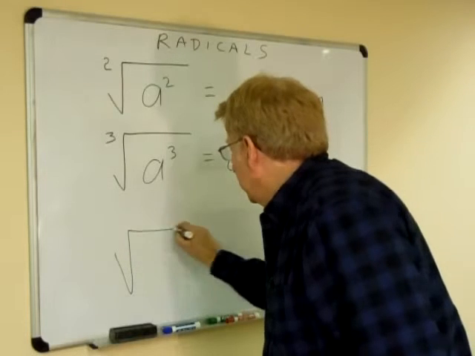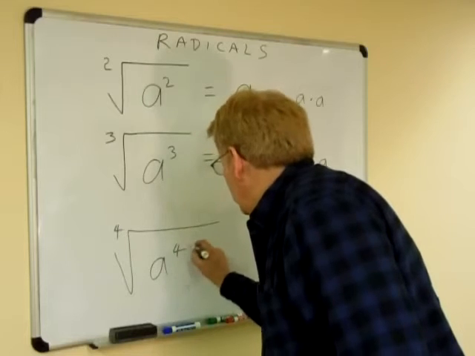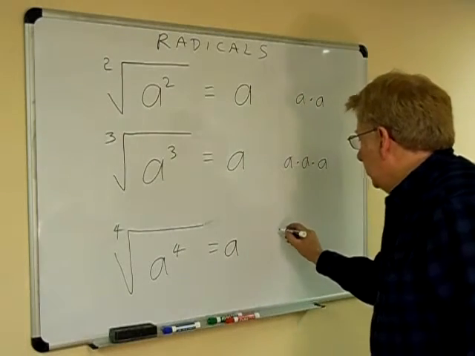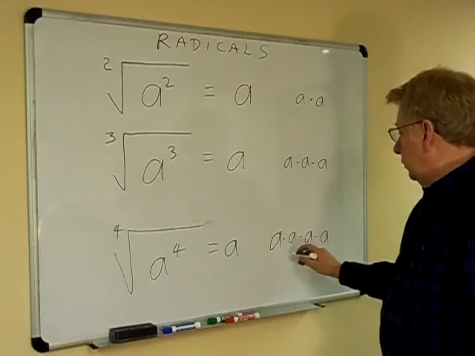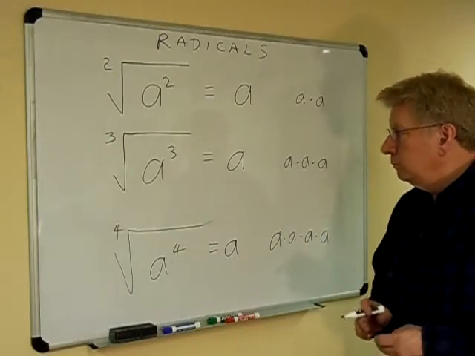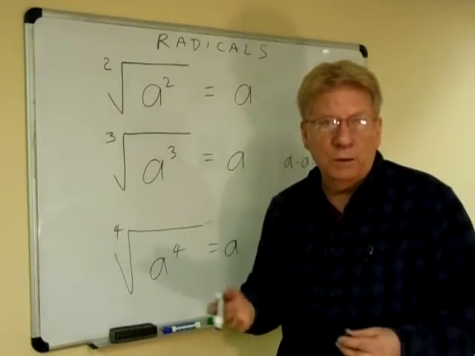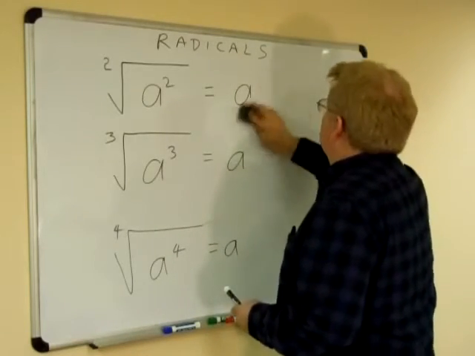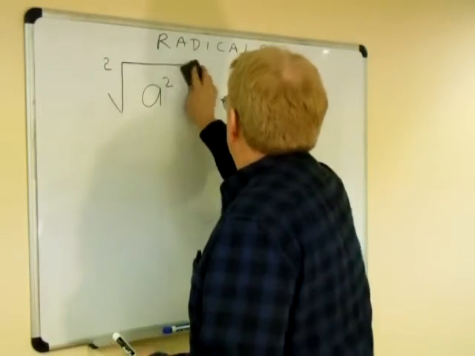So if we had the fourth root of a to the fourth, for instance, it would equal a, because if you multiply a times a times a times a, you multiply something 4 times, it equals this. So these are all radicals, but the square root is the most commonly used. So we're going to start with the square root for the most part.